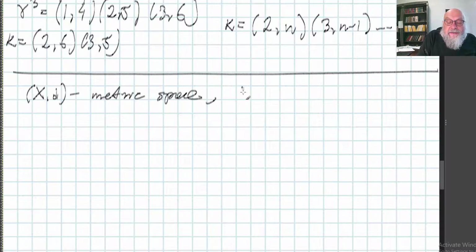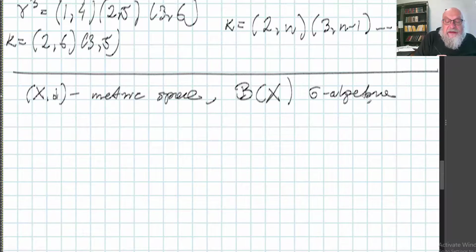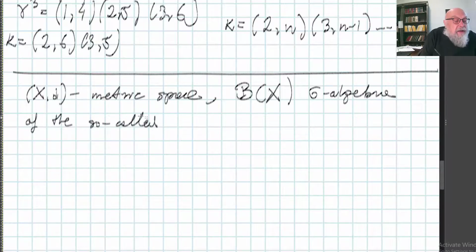And suppose that we denote by B of X the sigma algebra of the so-called Borel sets. So what are those Borel sets?